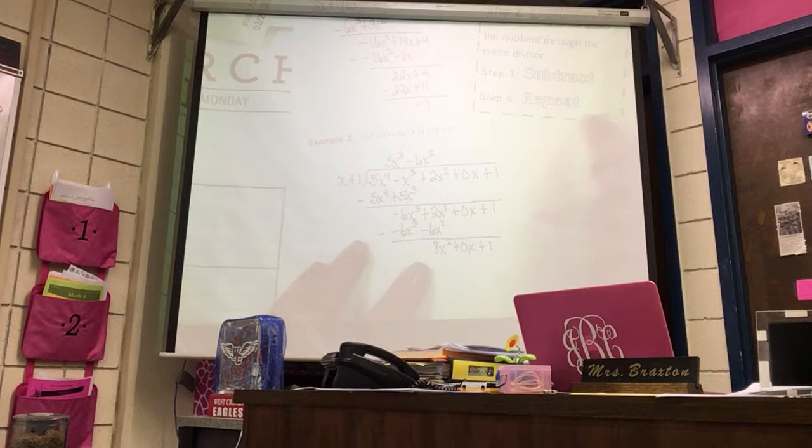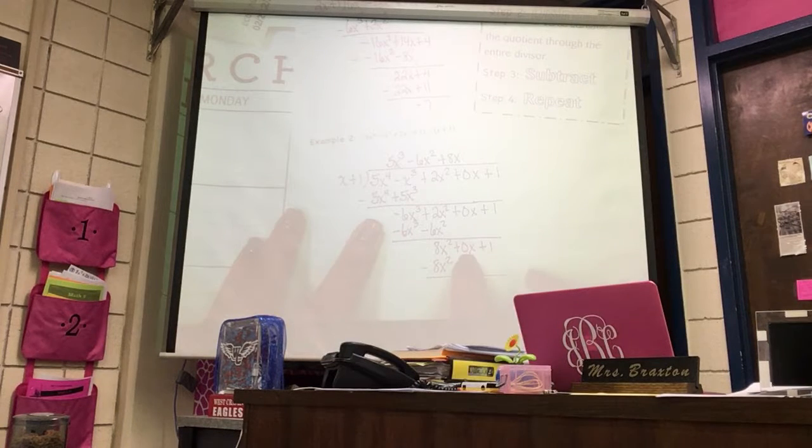Do you see that I keep repeating the same thing? Yes. First term, 8x squared divided by x is just 8x. All right, 8x times x is 8x squared, and 8x times 1 is 8x.